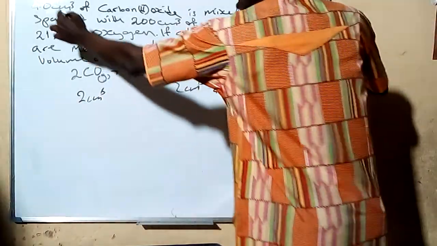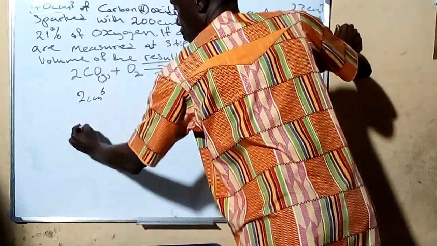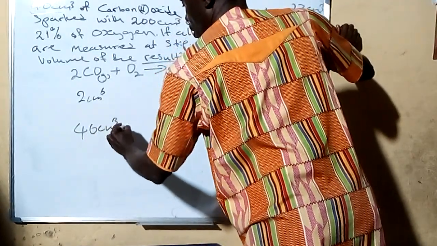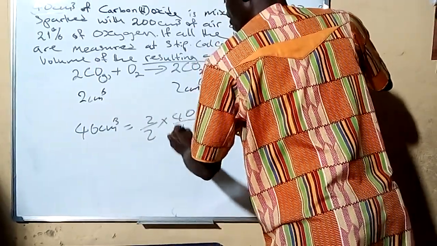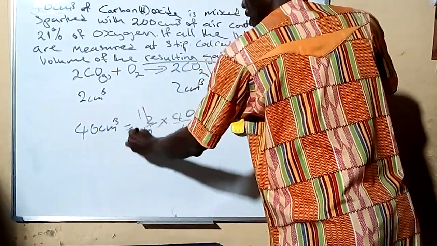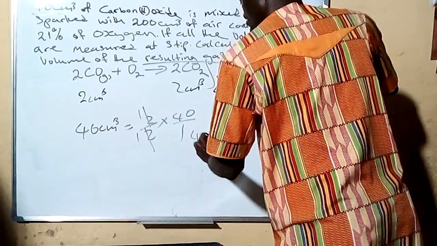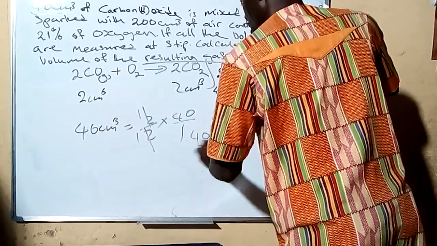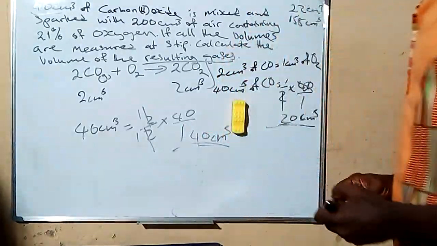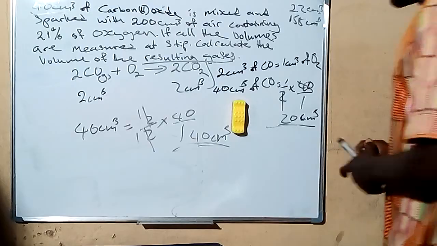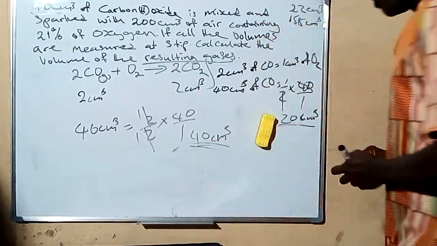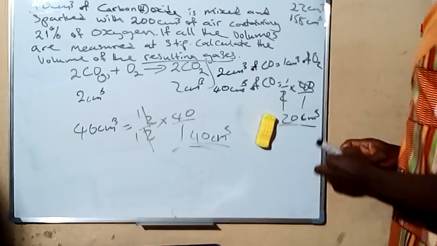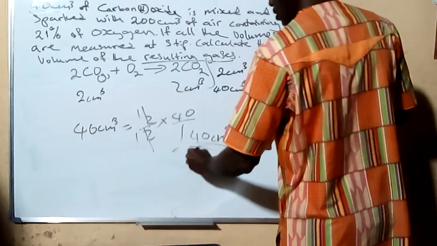That means 40 cm cube of this will give us 2/2 times 40 over 1. That will cancel out, and the product we have here is going to be 40 cm cube. The carbon 4 oxide that will be produced will be 40 cm cube.